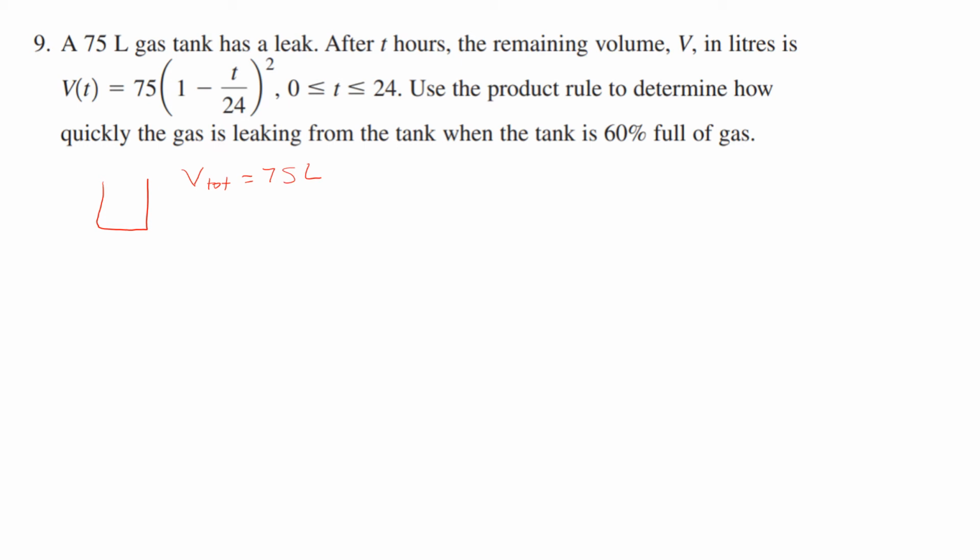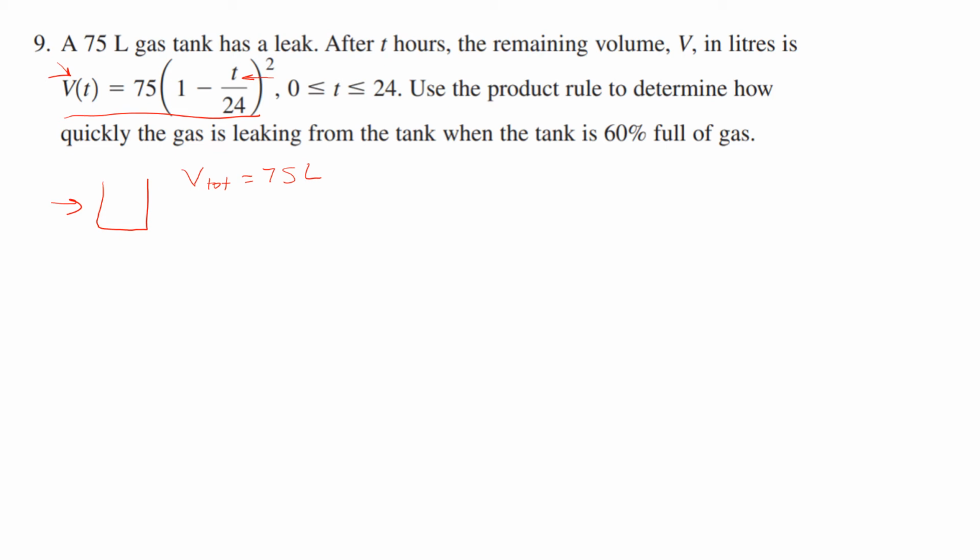And it starts to have a leak. This equation represents the remaining volume in this tank. So my y point represents the volume, which decreases by t hours. So when the time passes, the volume will decrease.